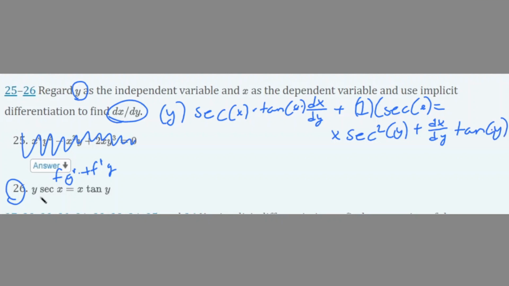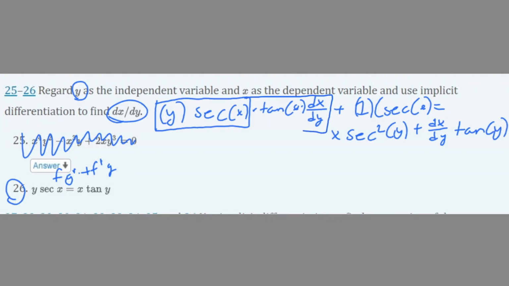And now it is a bit to look at, but we're going to get all the dx/dy on one side and then the rest on the other side. So let's square out the variables here. So we have y secant x, which is going to be a square because it's not a dx/dy. And then the tangent x dx/dy is actually with this.